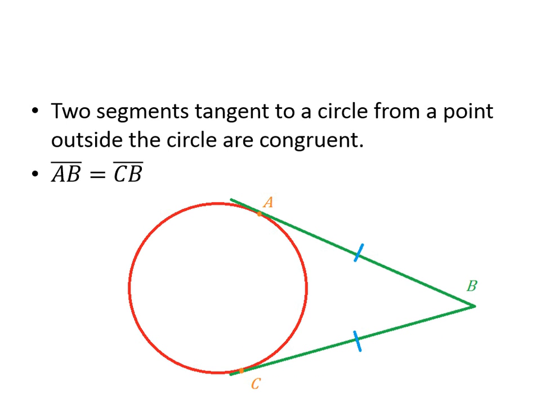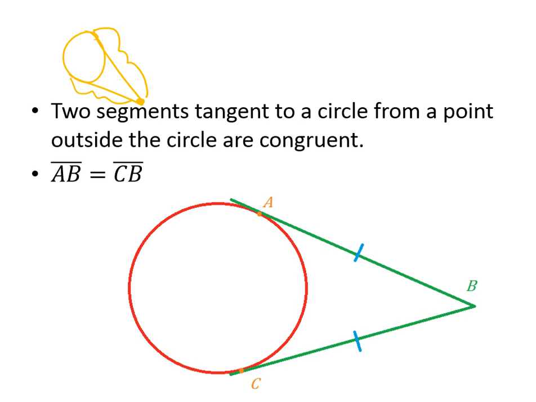All right, so if two segments are tangents to a circle and they meet outside of the circle, the distance from the point of tangency to that point will always be congruent. So anytime you draw a circle and two tangents coming off of it that meet somewhere, this segment and this segment must be congruent.